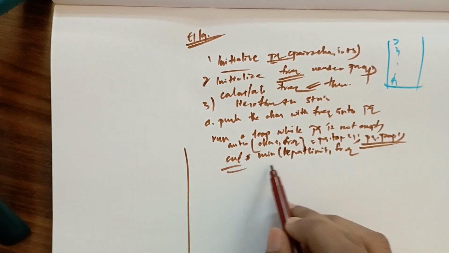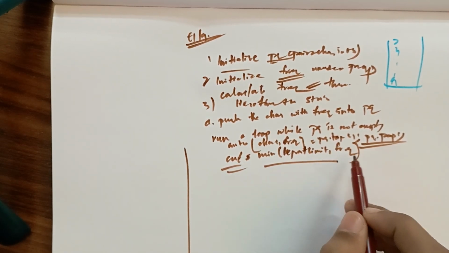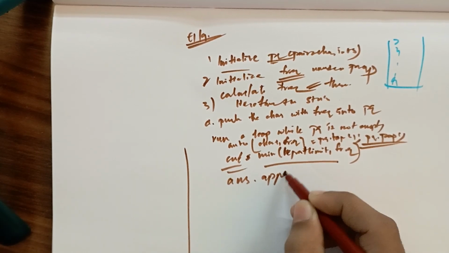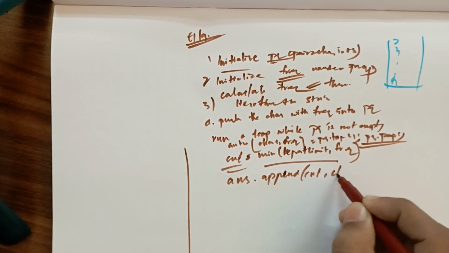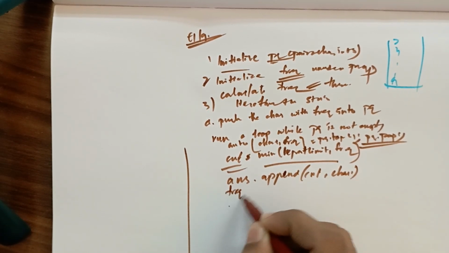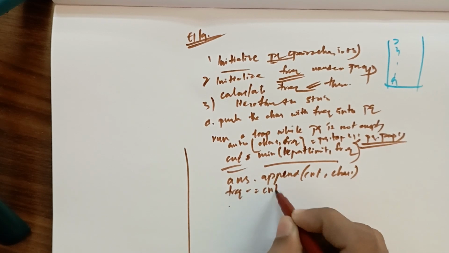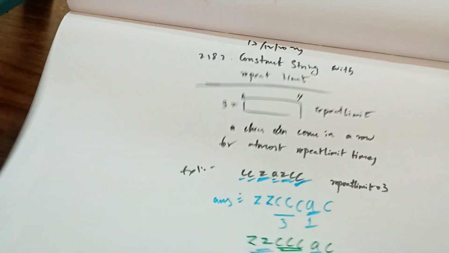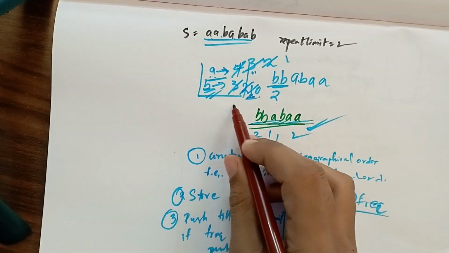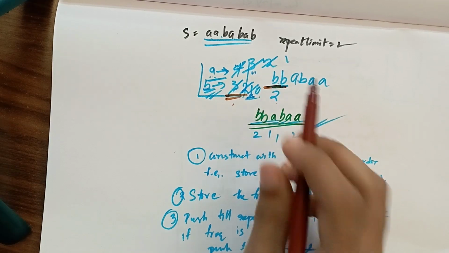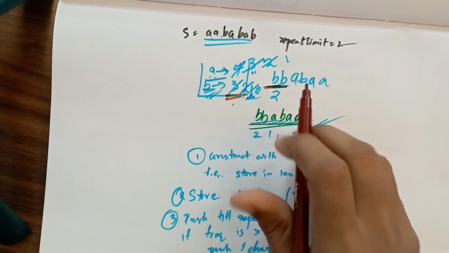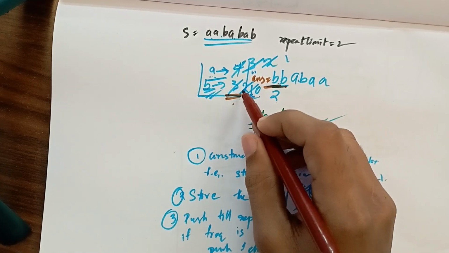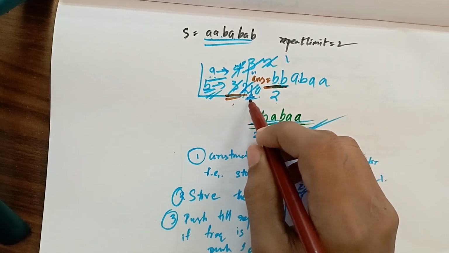After that, the count is the minimum of repeat limit and the frequency. So we need to append our character 1 count number of times. That means here we appended our character b two times into our answer. So we will be removing 2. Initially it was 3, now it will be 1.